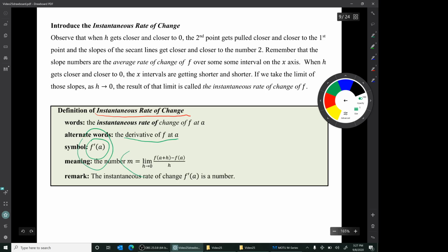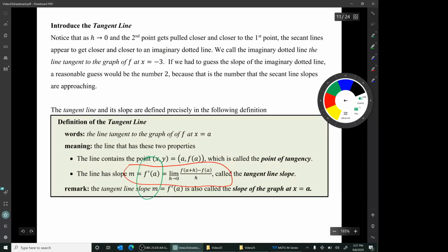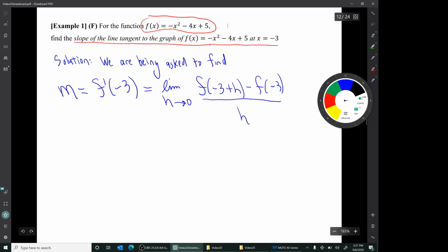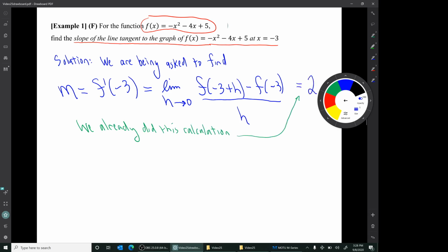It's obtained by doing this calculation. It's a number. And that symbol f prime parentheses a stands for a number that is also the slope of the tangent line. So in this question, that's what we're being asked to find. The slope of the tangent line is denoted by these two symbols, and it's obtained by doing this calculation. Well, we just did this. We did this calculation and we got the number 2.